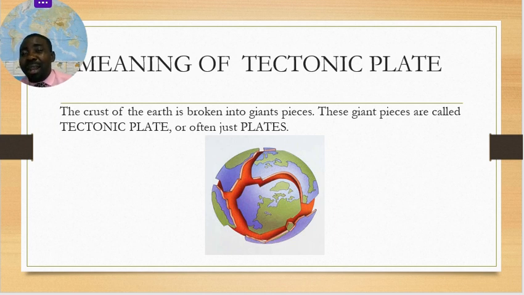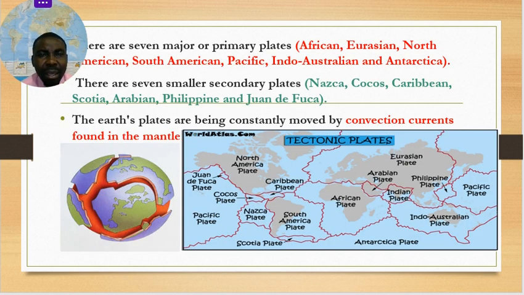And look at this diagram here. Inside of it is the mantle, and outside of it are the broken pieces of crust, and each of them is called a plate. Okay, now let us look at these plates in detail.